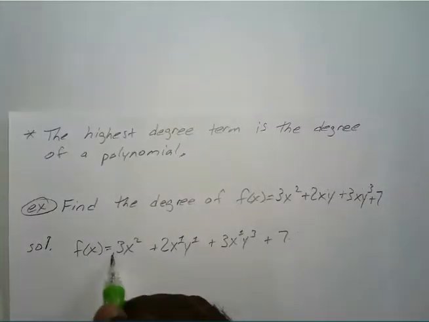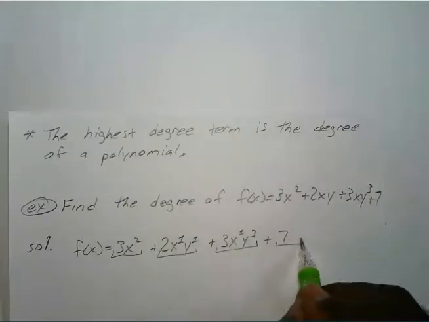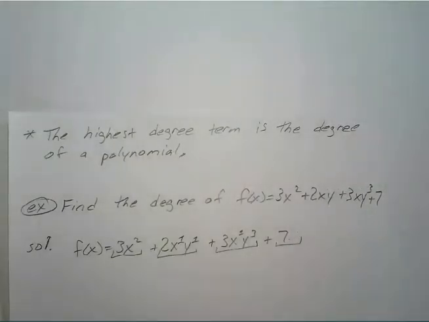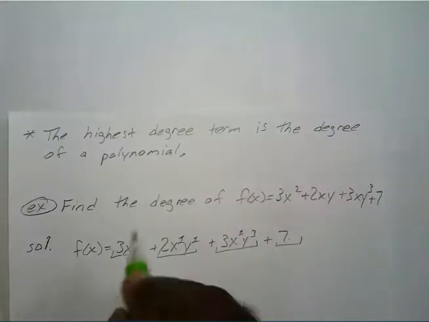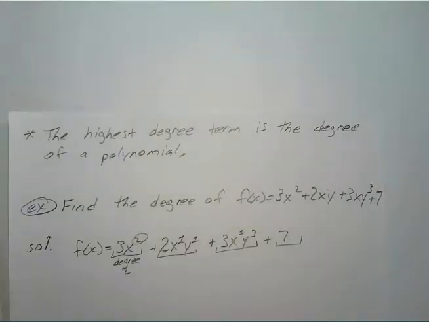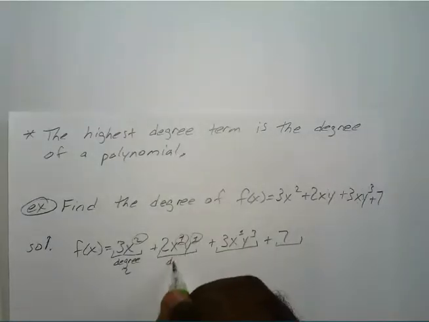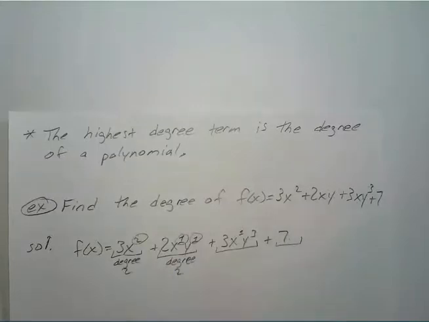So we find the degree of each one of those terms. 3x squared has a degree of 2. 2 times x to the first, y to the first, you add those together. This has a degree also of 2.